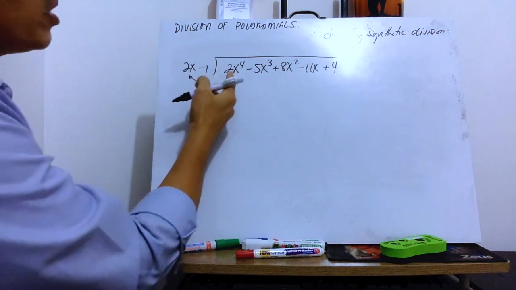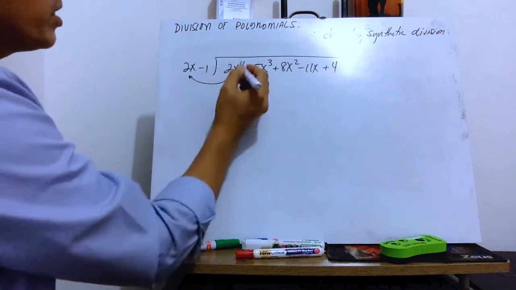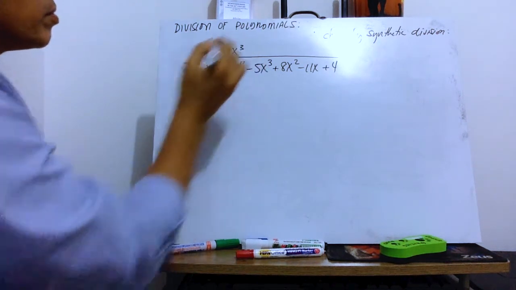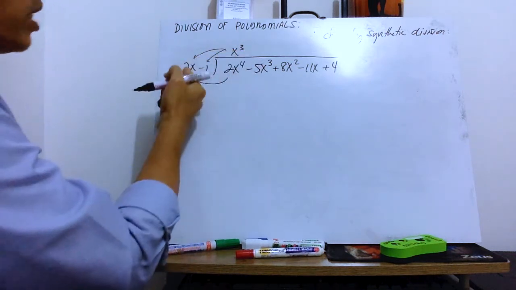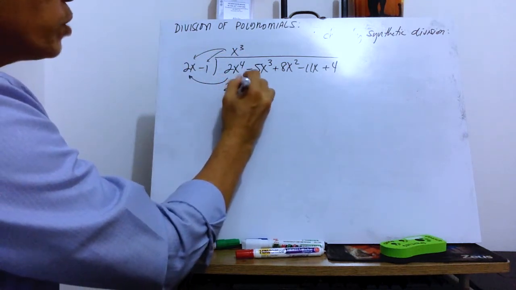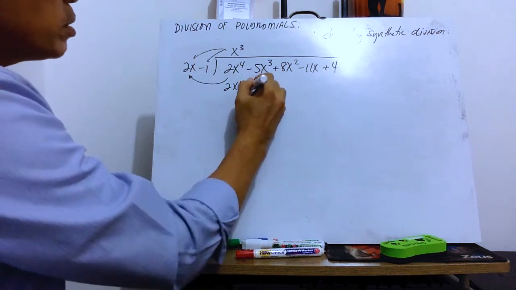All right. So 2x to the 4th divided by 2x, so that's x cubed. And then multiply twice. X cubed times 2x, so that's 2x to the 4th. X cubed times negative 1, negative x cubed.